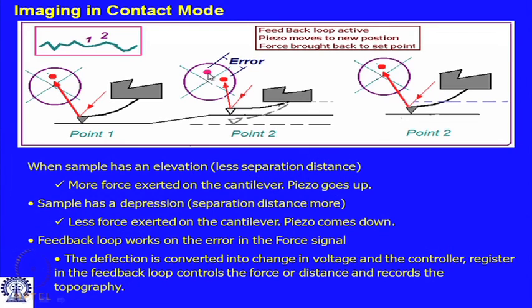But either way, the moment the force changes, or the extent of deflection changes on the cantilever, the immediate consequence is that the laser spot, which earlier was falling at the location corresponding to the set point, now falls at some other location, and immediately an error gets generated. Okay, this is clear. From one point to the other, because of the change in topography, there is a change in the extent of deflection of the cantilever.